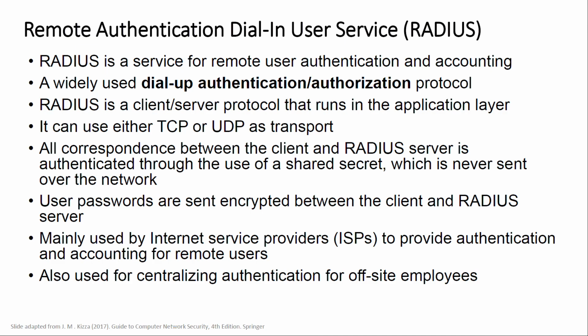All correspondence between the client and Radius server is authenticated through the use of a shared secret, which is never sent over the network. User passwords are sent encrypted between the client and Radius server. It is mainly used by internet service providers to provide authentication and accounting for remote users. It is also used for centralizing authentication for off-site employees.